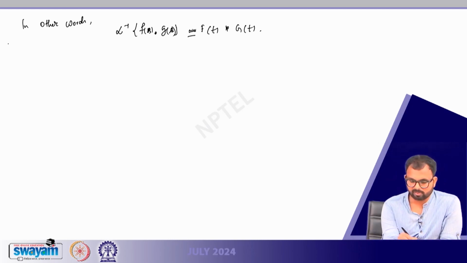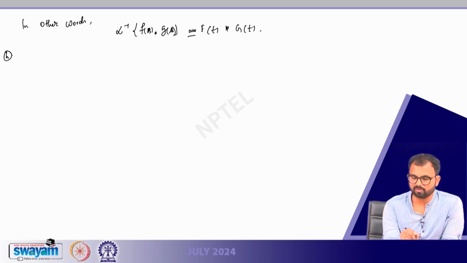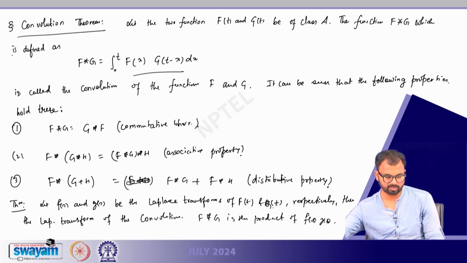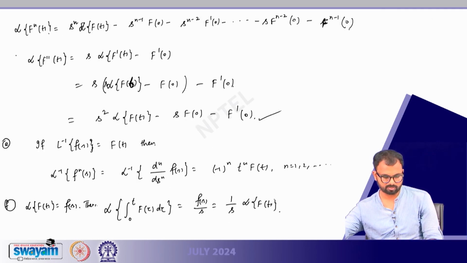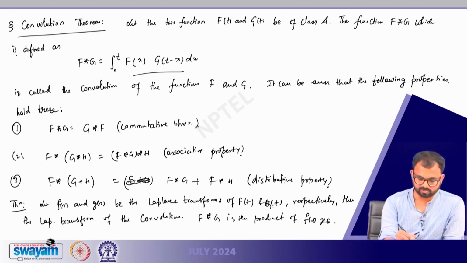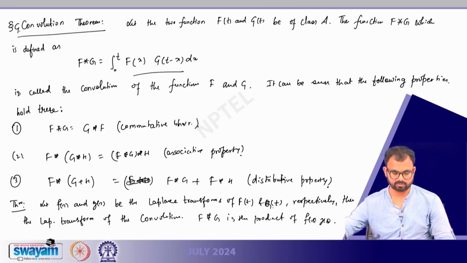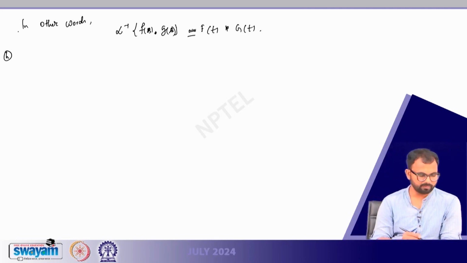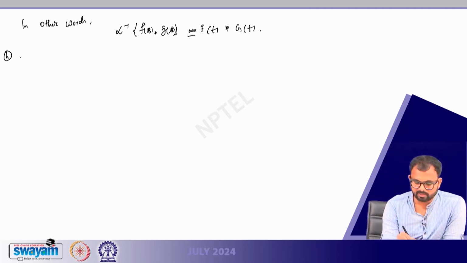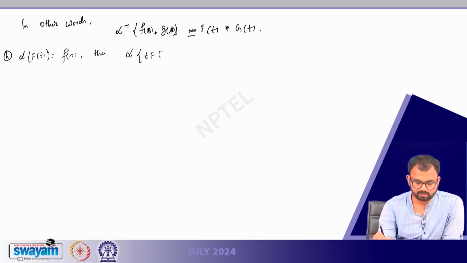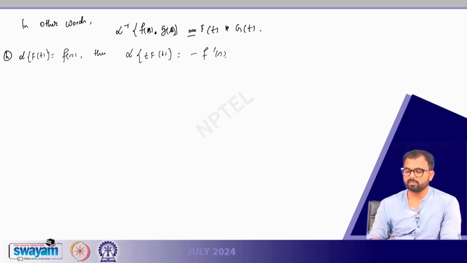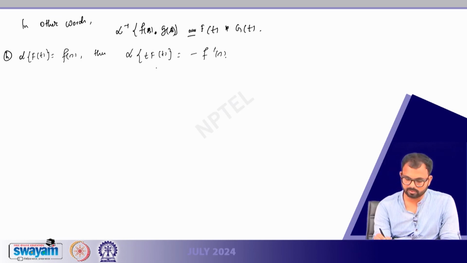Next property, so I lost the count. So, maybe H, I do not know. E, F, G was the previous one, and convolution was G. So, I guess this one is H. So, here again let us say that Laplace transform of f(t) is equal to F(s), then Laplace transform of t f(t) is equal to minus F dash of s.